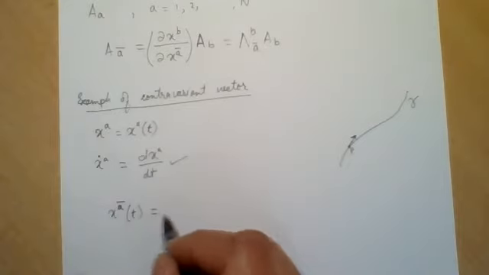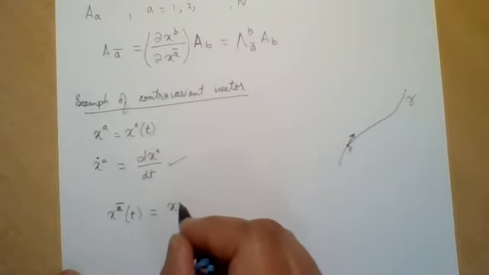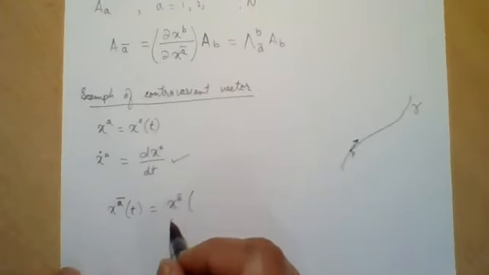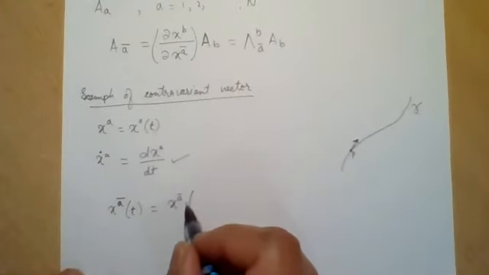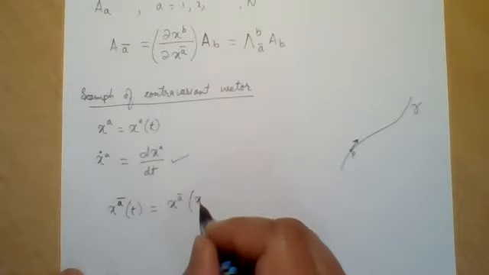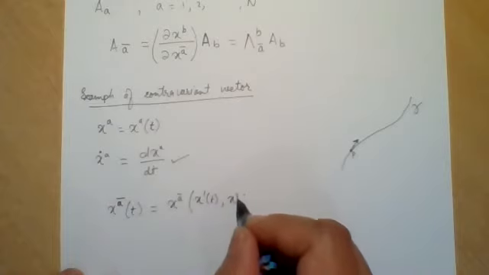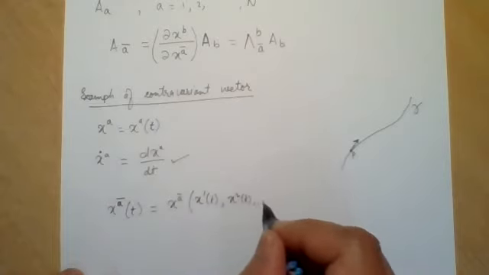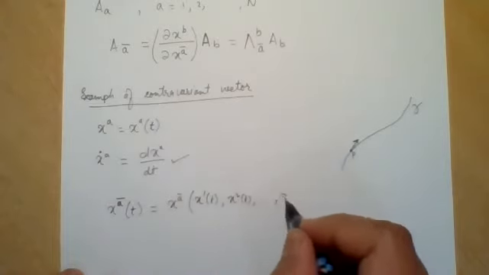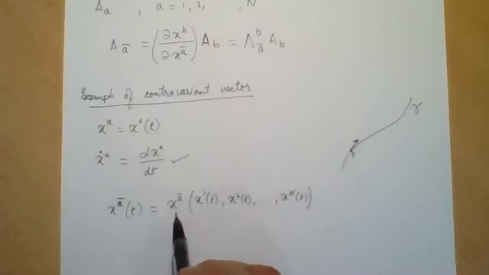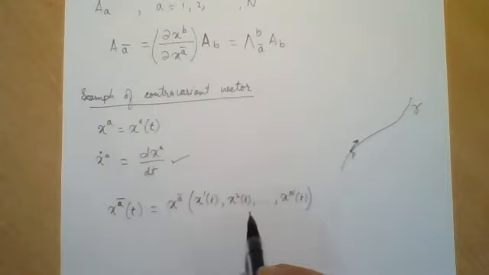This x a bar can be expressed in terms of the unbarred coordinate system, x1(t), x2(t), and so on till xn(t).